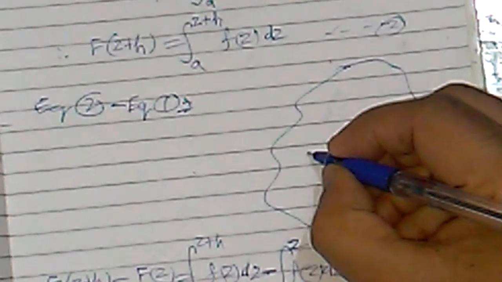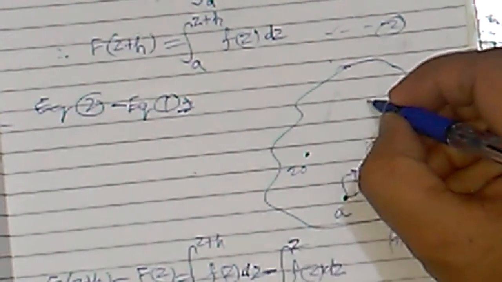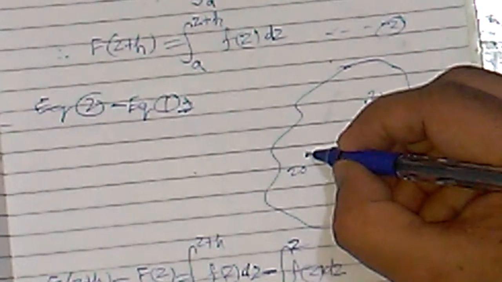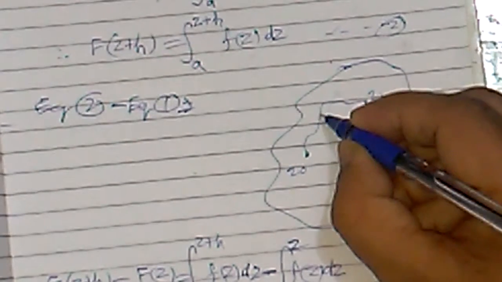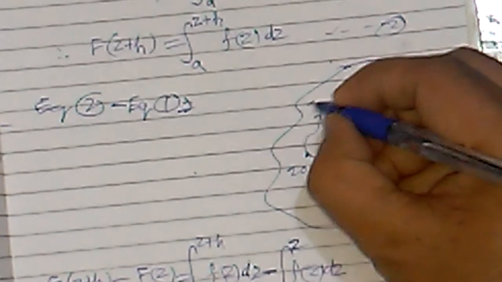In respect of the figure, we can also draw the previous curve here, z naught. Both graphs should be put in a single picture, so we write gamma 1 and gamma 2, and this figure is sufficient for this Morera theorem.